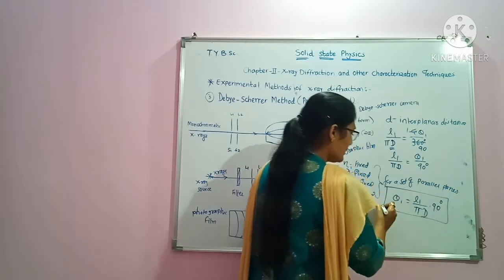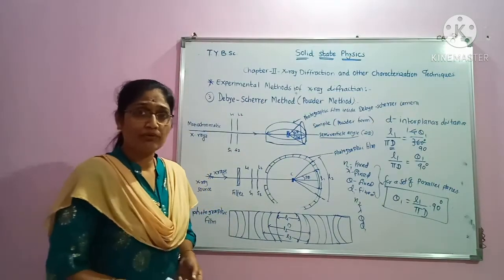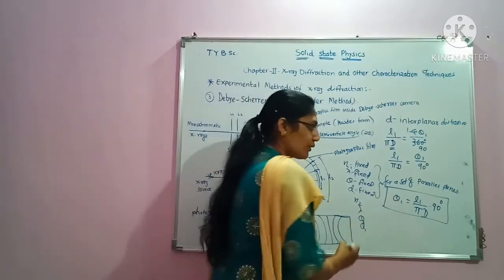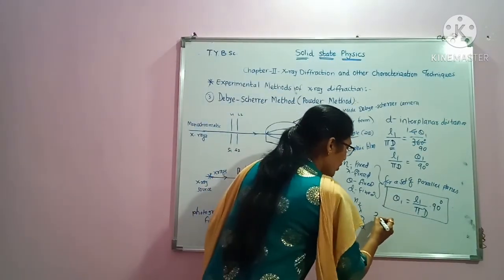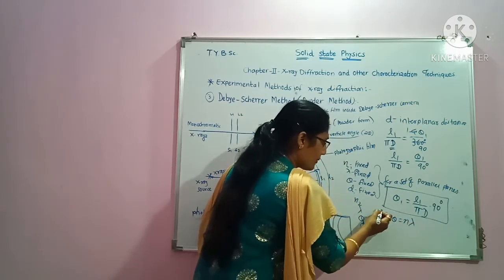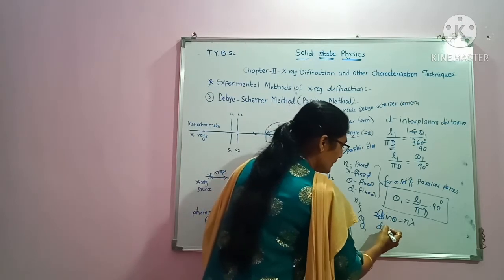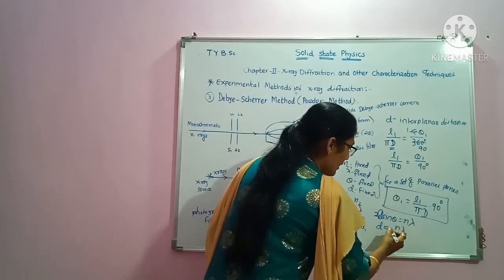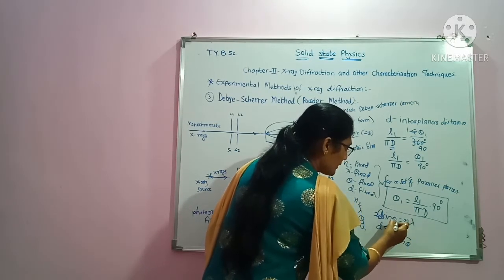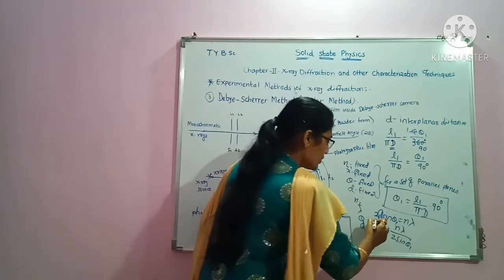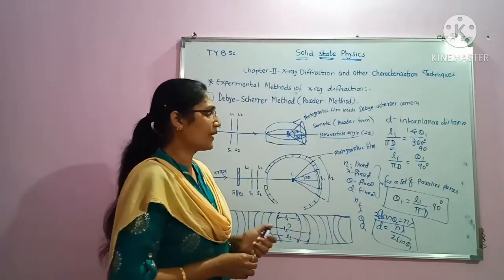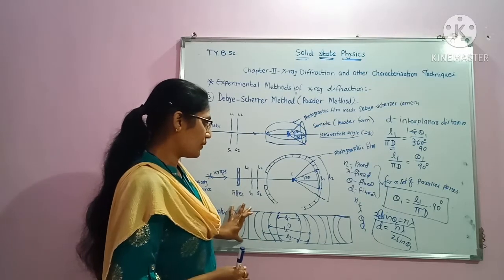So we have obtained the value of theta 1 for maximum reflection, and by substituting the value of theta 1 for a particular set of parallel planes, one can use 2d sin theta is equal to n lambda to obtain d, that is, d is equal to n lambda upon 2 sin theta, with theta 1 here. So one can find the interplanar distance by using this method. After this I will explain again.